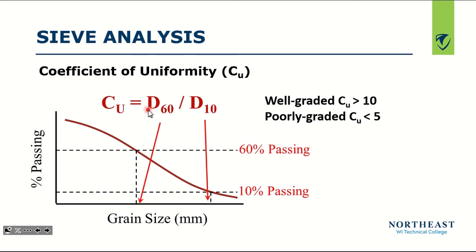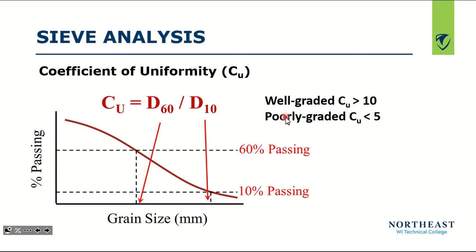Okay, and then D60, diameter at 60% passing. I find my 60% passing on my y-axis, and then I project over, and I come straight down, and that's my grain size. Okay, and then what I do is I take D60 divided by D10, those two numbers, rounded to the nearest whole number, and this will determine if I'm well graded or poorly graded.